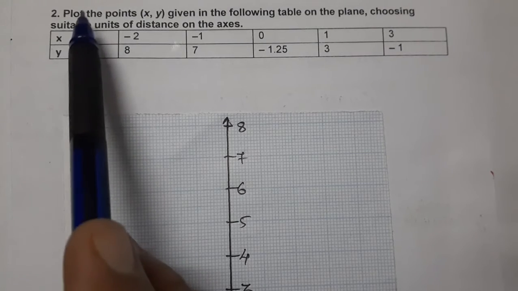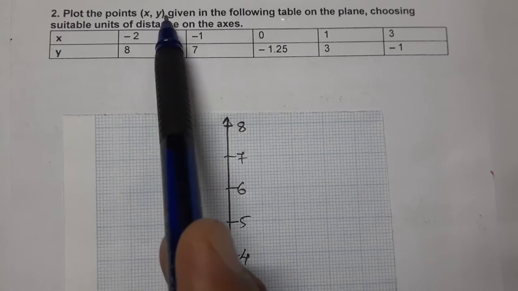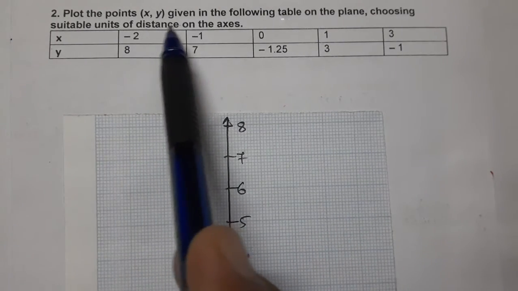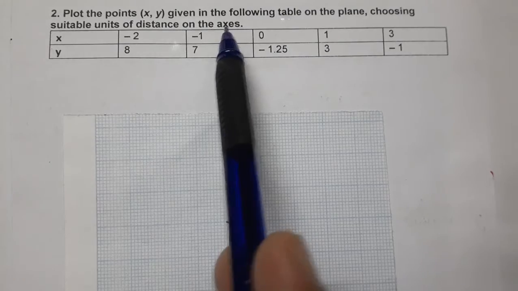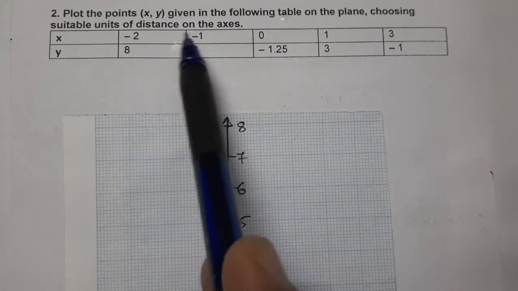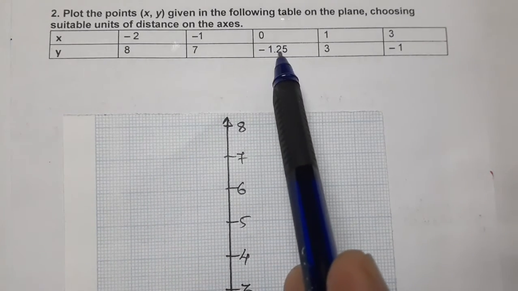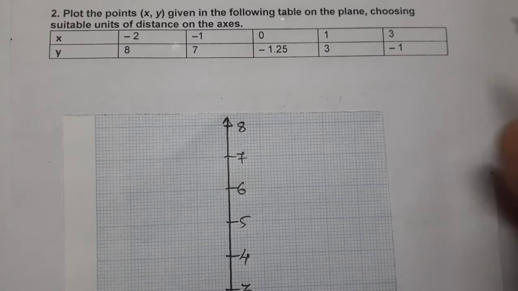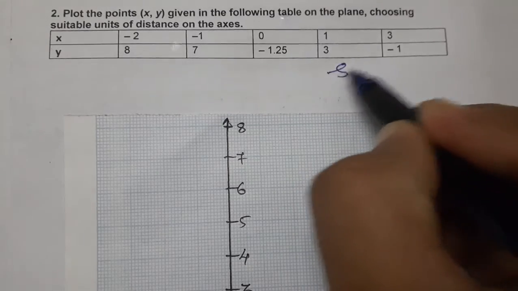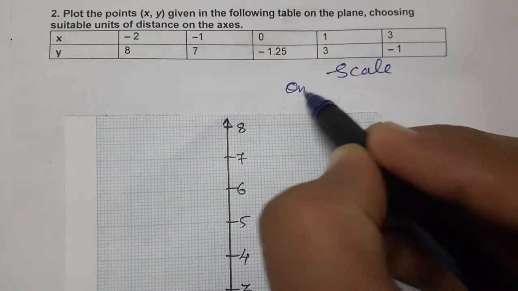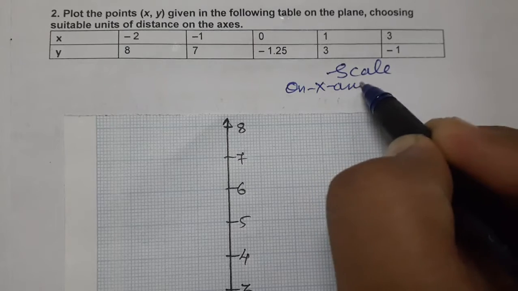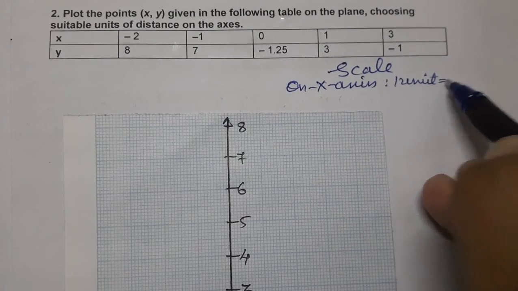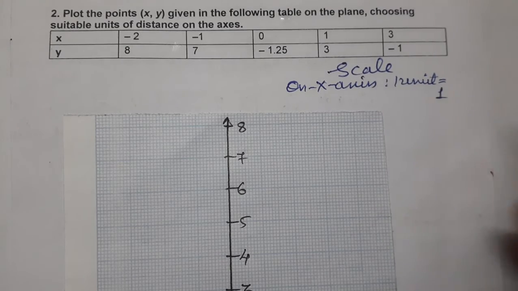Now see question number 2. Plot the points x, y given in the following table on the plane, choosing suitable units of distance on the axis. The points are minus 2, 8; minus 1, 7; 0, minus 1.25; 1, 3; and 3, minus 1. So let's choose the scale. On the x-axis, 1 unit equals 1.